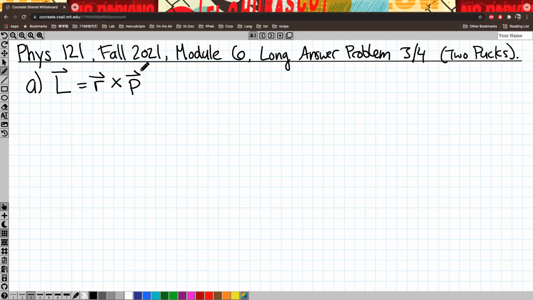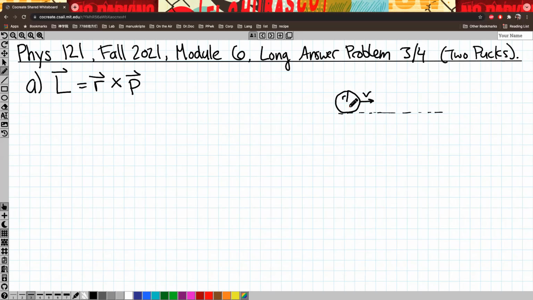Okay, so I'll draw here. We have this thing moving with velocity v, and they told us the mass of it, right? A puck is a uniform disk of mass m and radius r traveling at speed v.